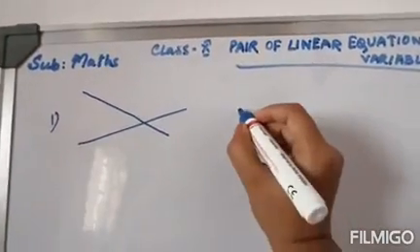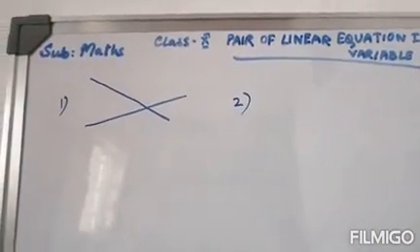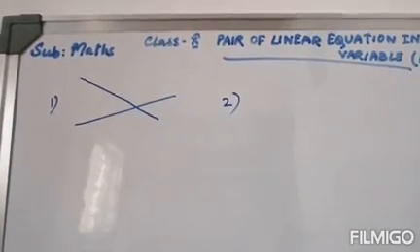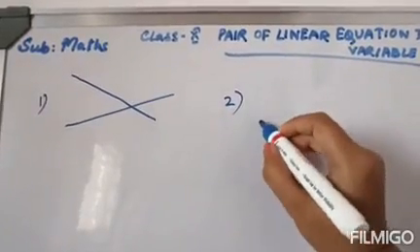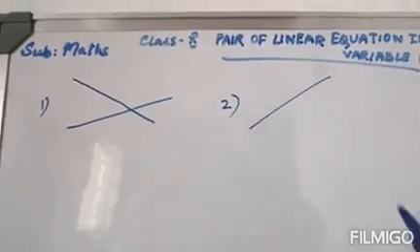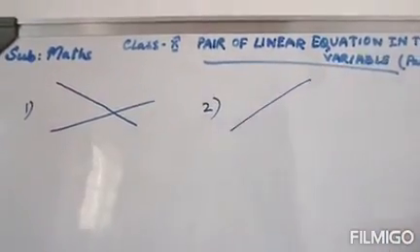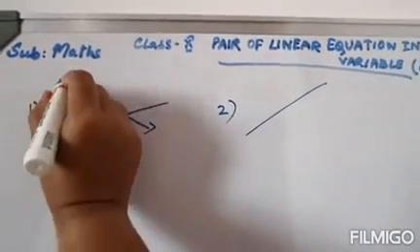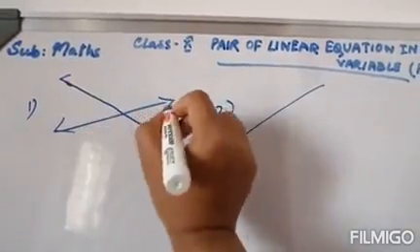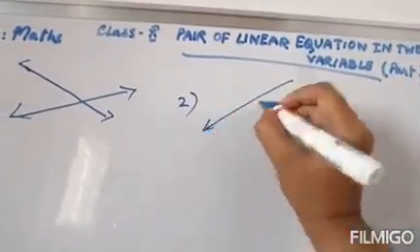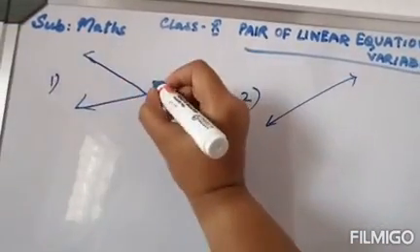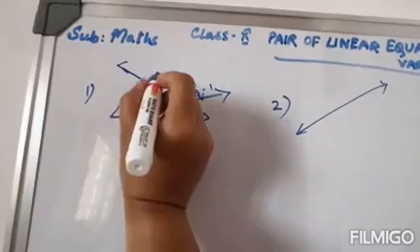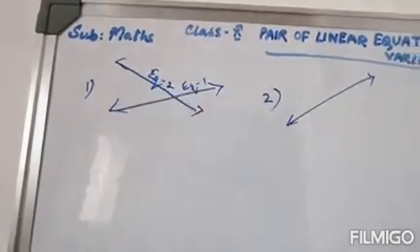Sometimes when you plot the graph, you will see that the points you have drawn will give you only one line for both the equations. That can be another observation. Suppose this is equation 1 and this is equation 2.